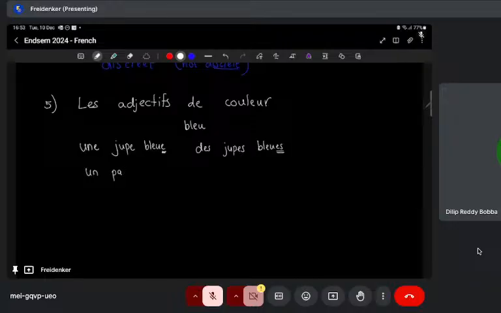This is a pant, un pantalon. So you will get nothing because masculine singular, so your adjective won't change. So if I make it plural, des pantalons. So masculine plural, so you'll get an s. This is the normal rule that you've seen.